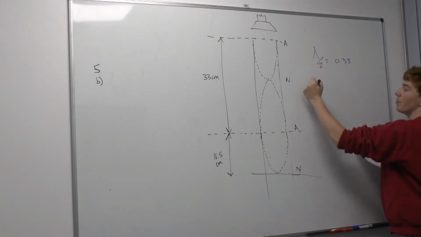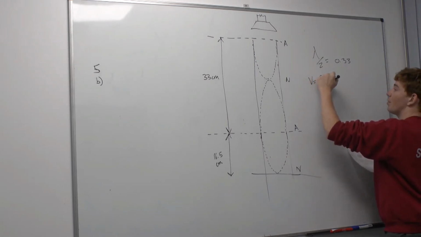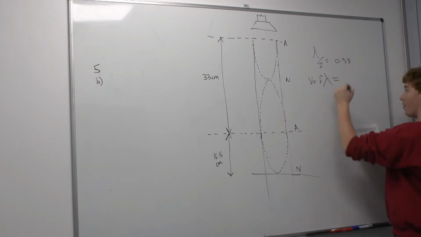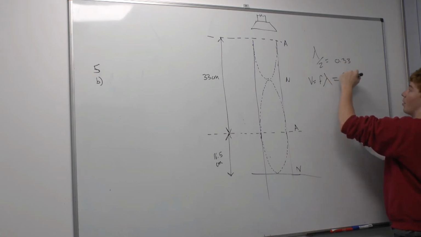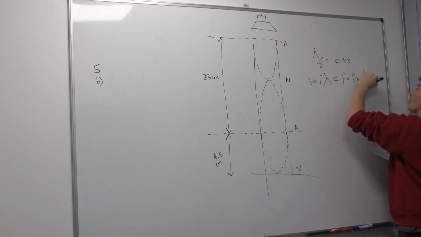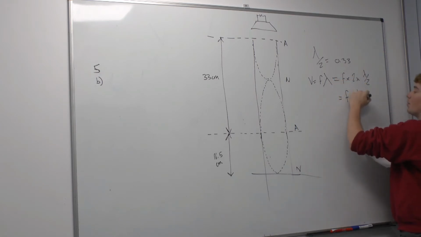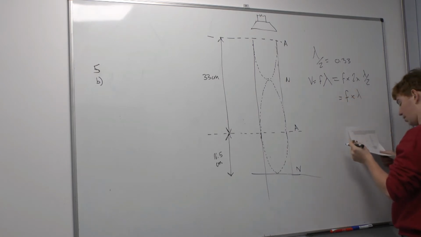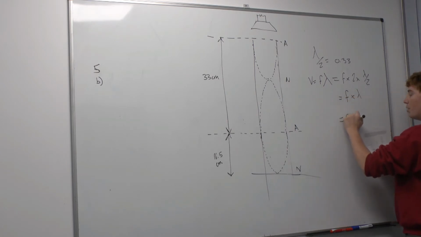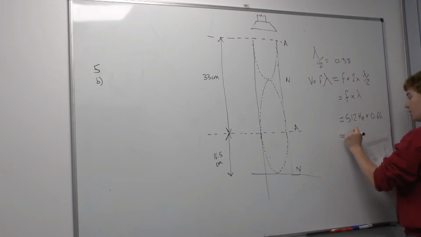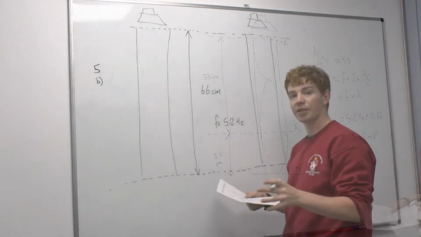We've just had our equation v equals f lambda, so we can do v equals f times 2 times lambda over 2, which is this, is f times our lambda, and we have our frequency we're given is 512 Hertz, times this 0.66, 2 times this, and we get out, nice and easy, 338 meters per second.